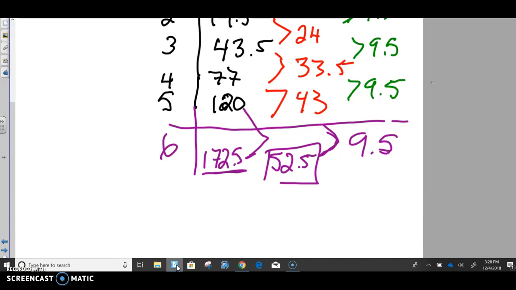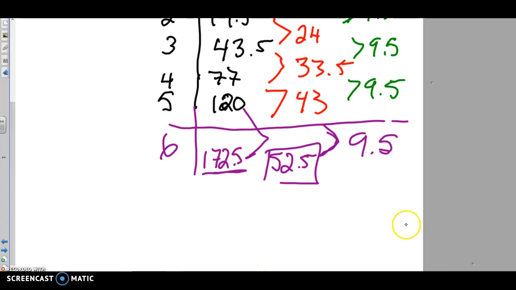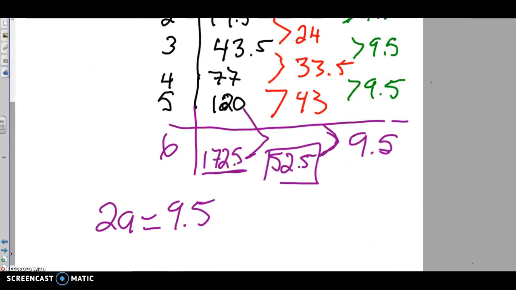So I know now that 2a equals my second difference, which in this case was 9.5. I know from my table, my c value is 0. And I just have to find that b value.